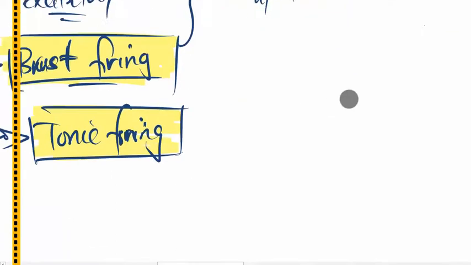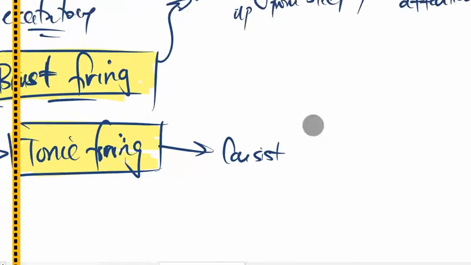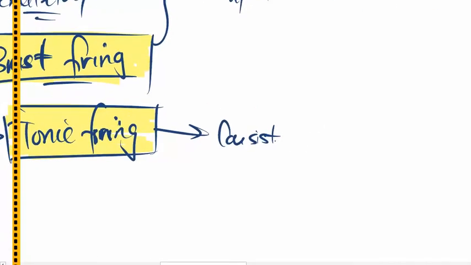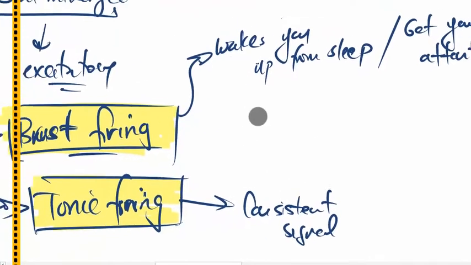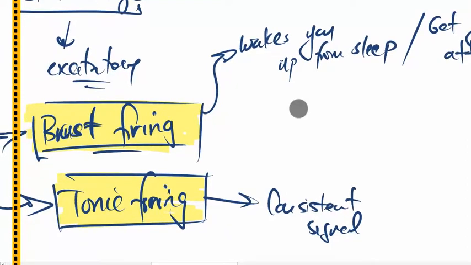Right? And the tonic firing is more of the consistent signal. Now, another way that was used in the lecture to further give an idea of the burst firing and the tonic firing is this concept of signal to noise ratio.